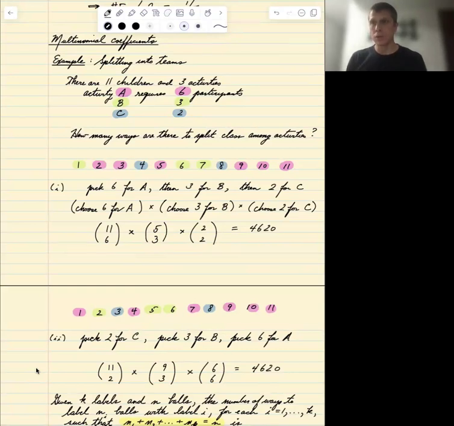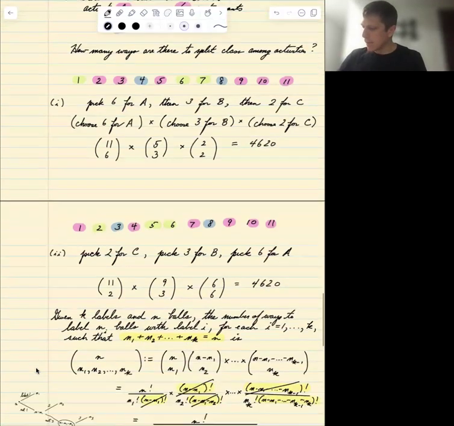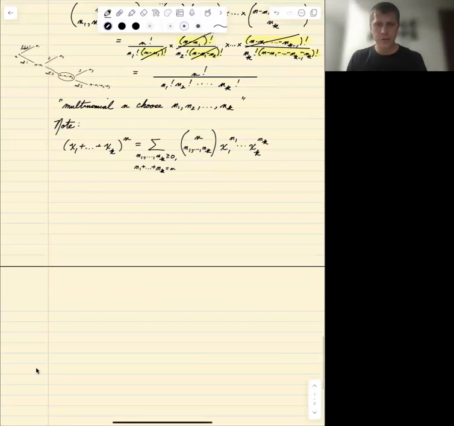It doesn't have to be two. And we derived this from first principles because we first knew how to classify things as yes or no. And then classifying things into more than two groups is just a bunch of sequential yes or no decisions. And we use the multiplication rule. So that's called multinomial coefficients.